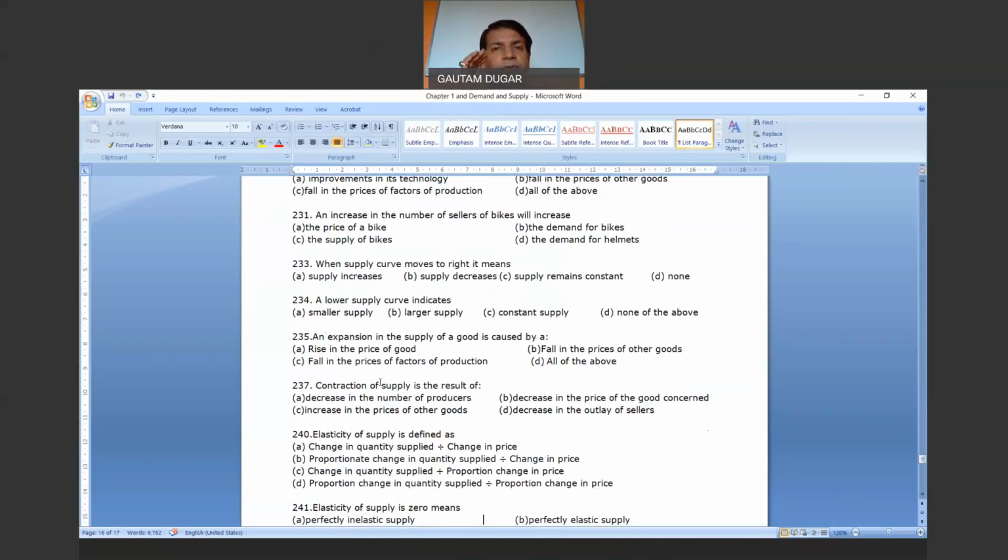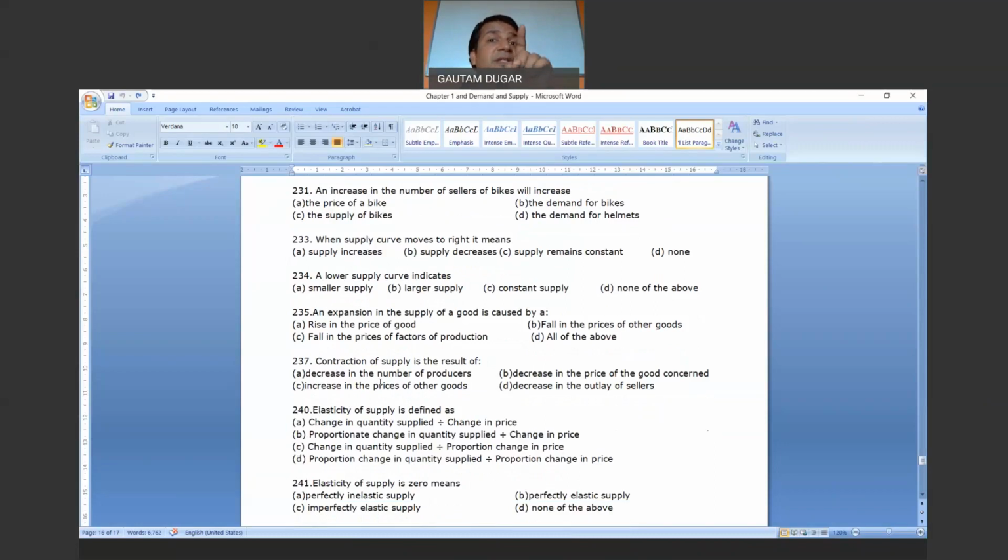Now listen. This portion starting from here is related to change in supply and change in quantity supplied. I hope you remember it is the same concept as change in demand and change in quantity demanded. The change in quantity supplied is what? When supply is changing only because of a change in price, other supply determining factors are constant, there is change in quantity supplied.